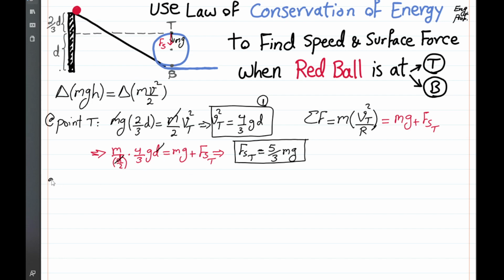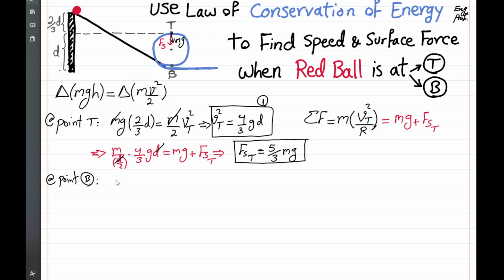So at point B, at the bottom, we can write the same thing. Again, let's use the law of conservation of energy, delta mgh. When the ball gets down the frictionless surface to point B, the height is 0. So delta h is the whole height you can see here.